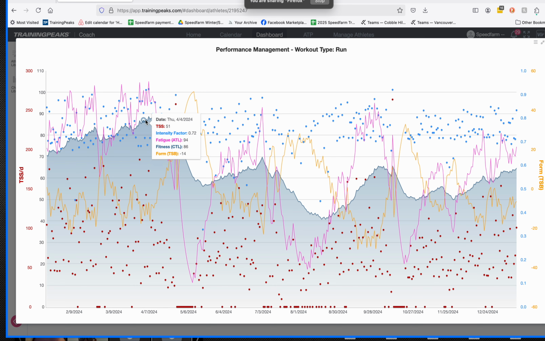You'll be able to build that fitness up until your taper period before your key race. And then as you drop off training volume during the taper, you'll get a nice big boost in form or in freshness going into the race. So this is quite textbook.